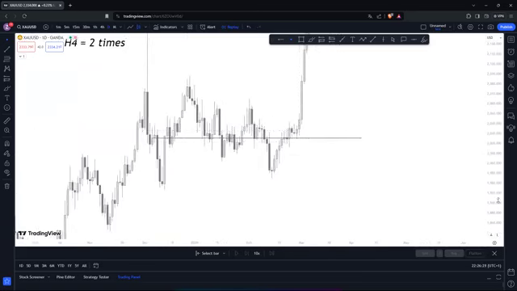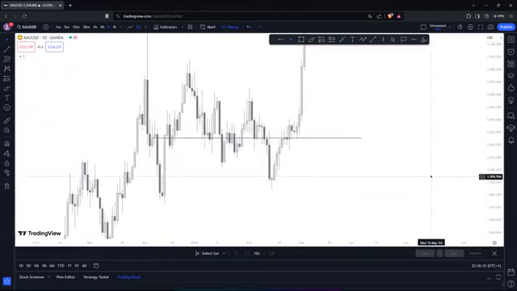I'm going to ask you a question, to understand if you guys got the concept: how many times did this key level get used and touched? I'm going to give you 30 seconds to count.